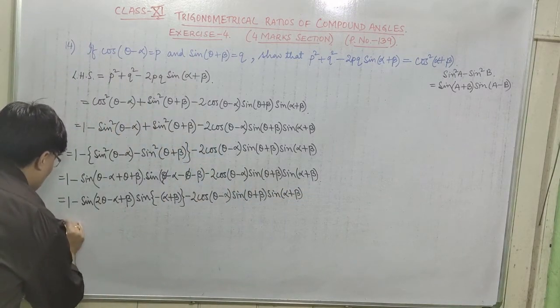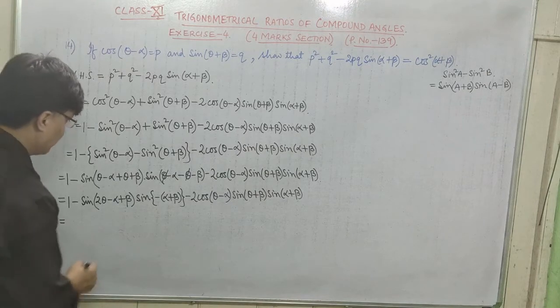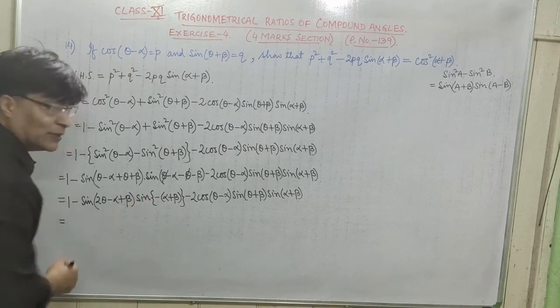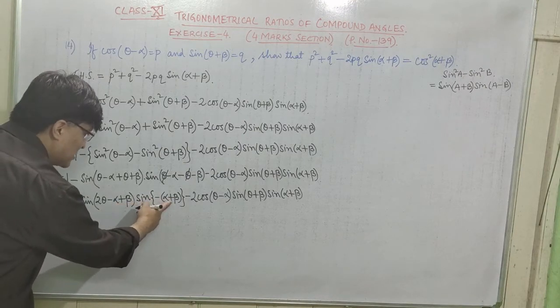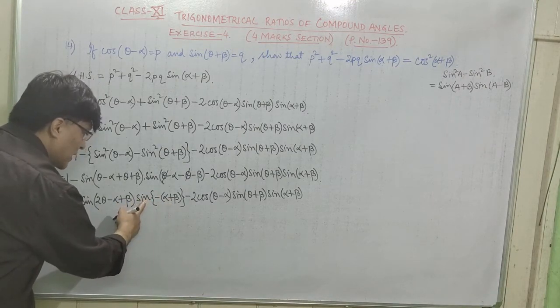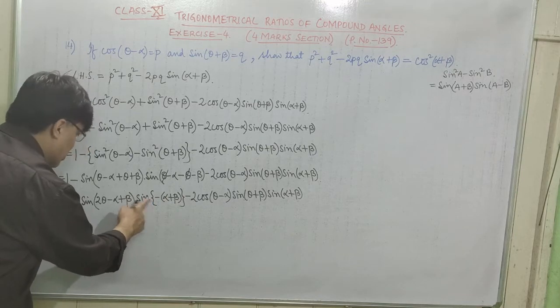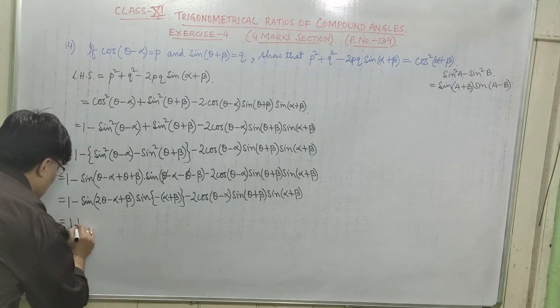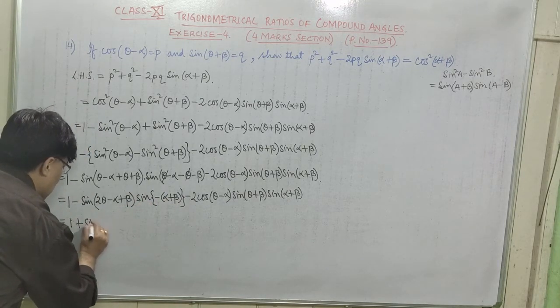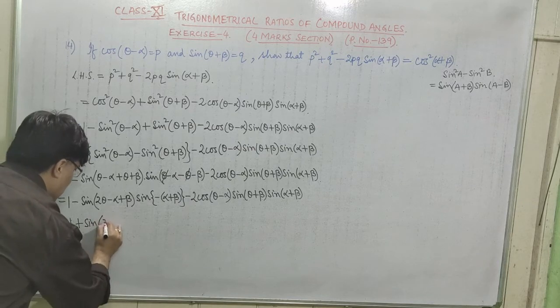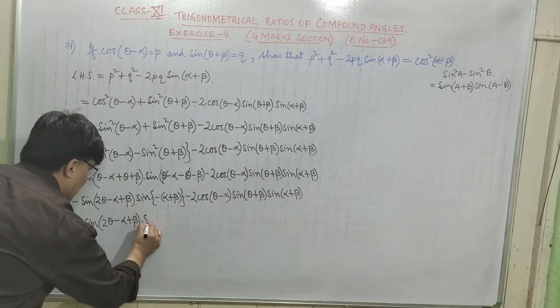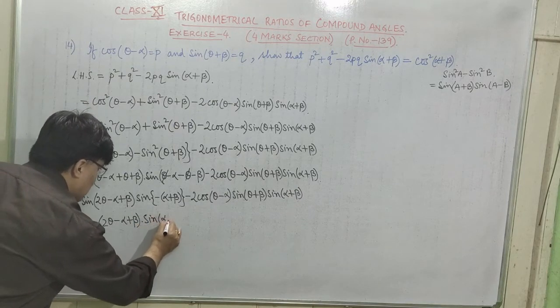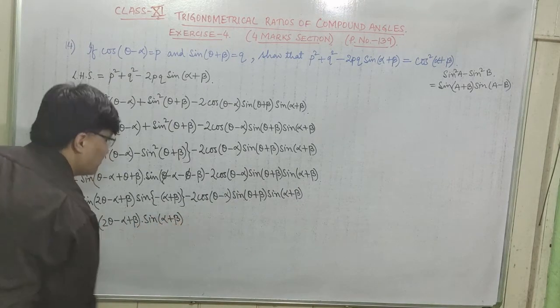Okay. So now which is equal to, now what is sine of minus theta? You know that this is minus sine theta. Sine of minus theta form is there. What is sine of minus theta? Minus sine theta. So minus into minus plus 1 plus, this is sine of 2 theta minus alpha plus beta into sine of alpha plus beta.